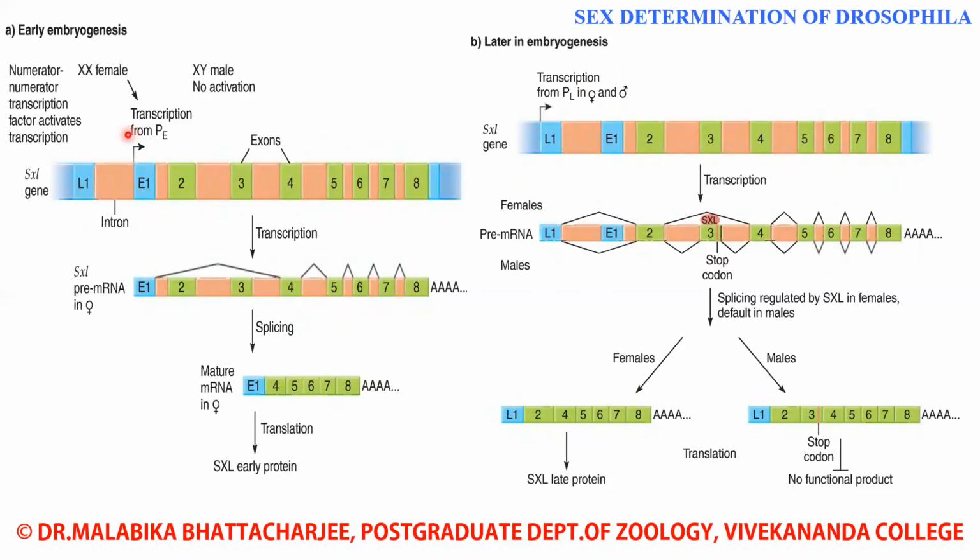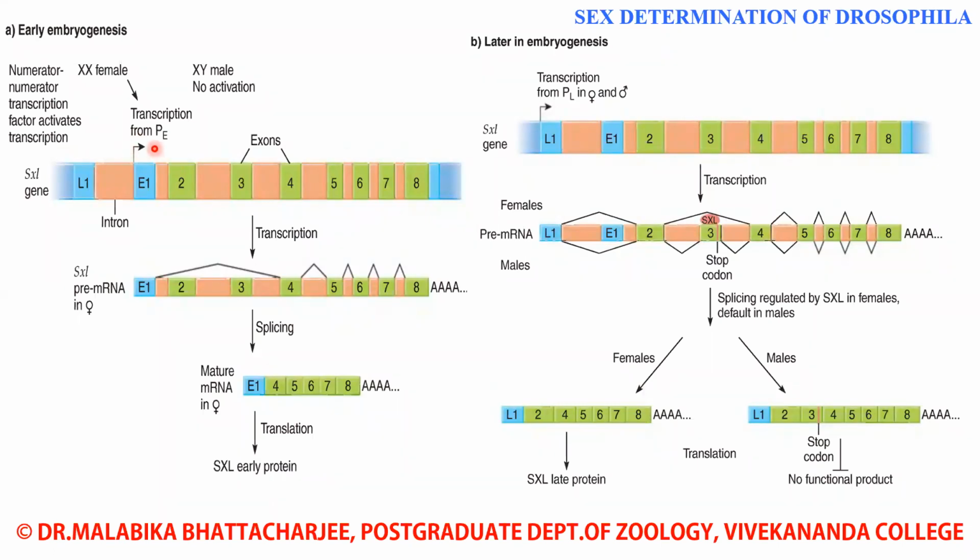There is an early promoter here. Let's look at this picture. And there is a late promoter here. So there are two promoter elements, one just in front of E1 and the other just in front of L1. So this is the early promoter and this is the late promoter. Now let's concentrate on the early promoter.